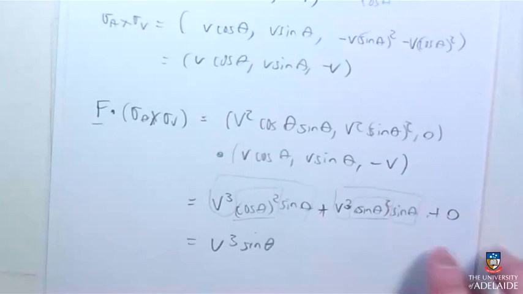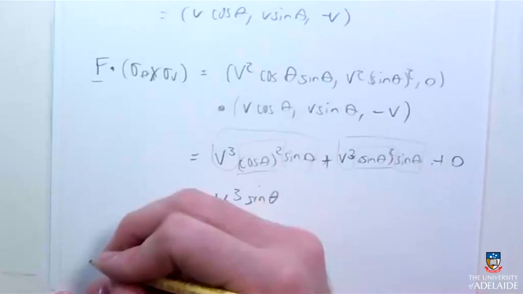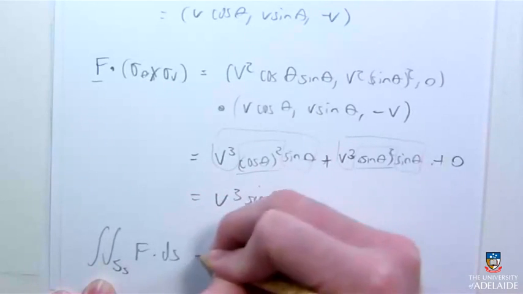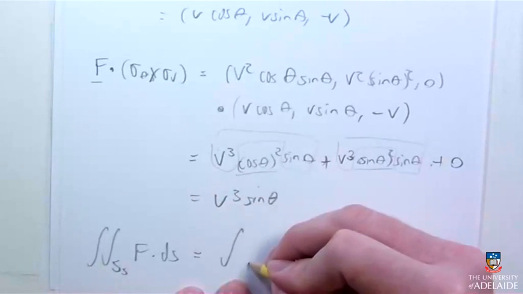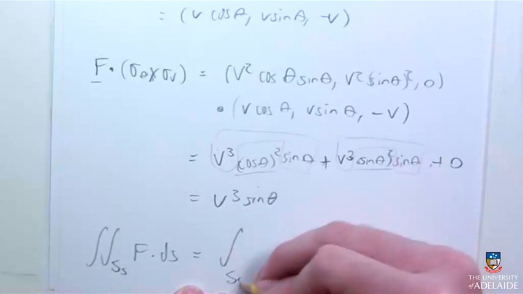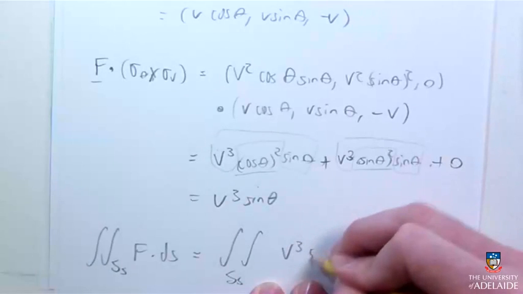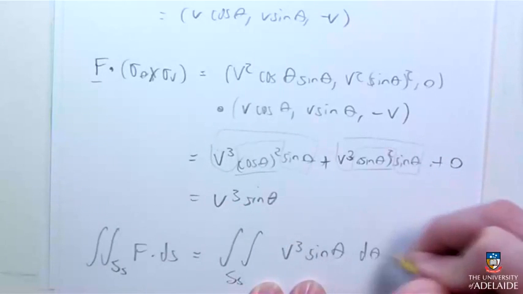Yay! I'm going to finish it. Sine of 0, cosine of 0, cosine of 2 pi. So my dot product is v cubed sine theta, d theta dv.